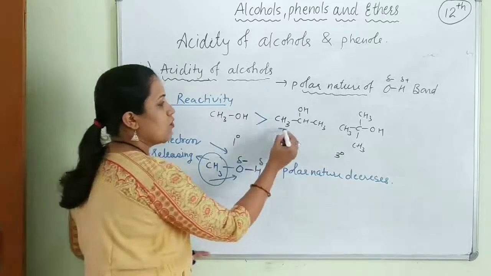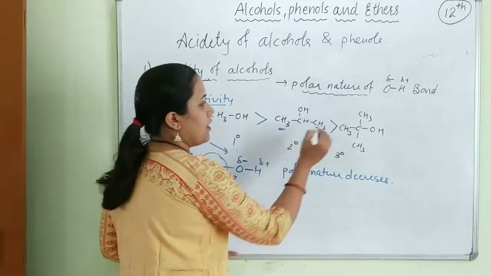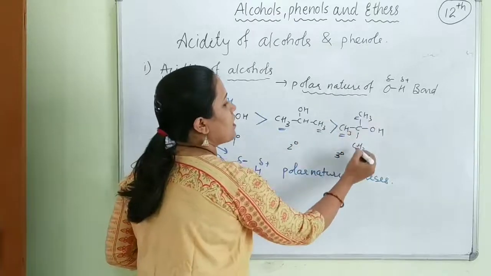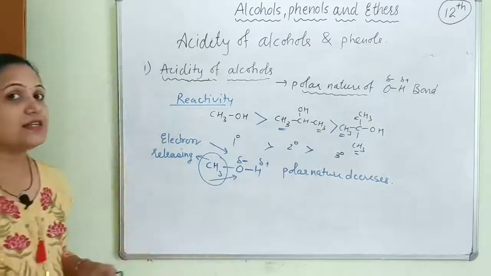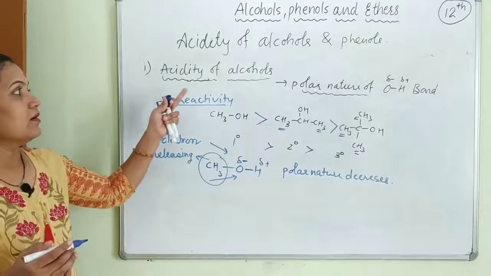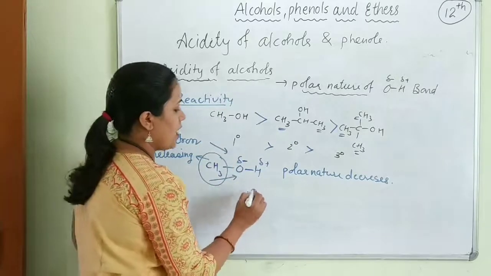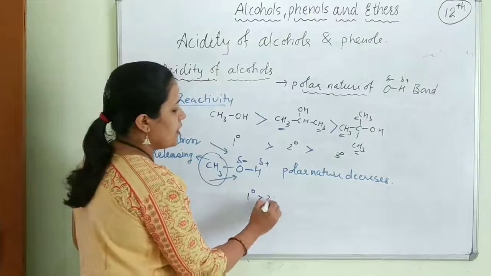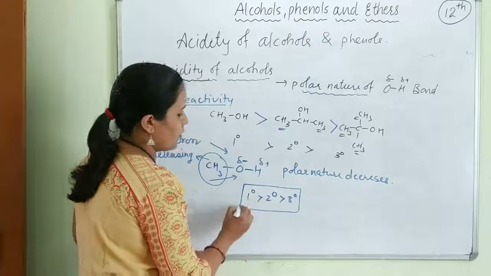Why secondary alcohol? Because in secondary alcohol two methyl groups are there, and here three methyl groups are there. So when we study the reactivity or acidity of alcohol, clearly we say that primary alcohols are more acidic in nature than secondary alcohol and then tertiary alcohol.